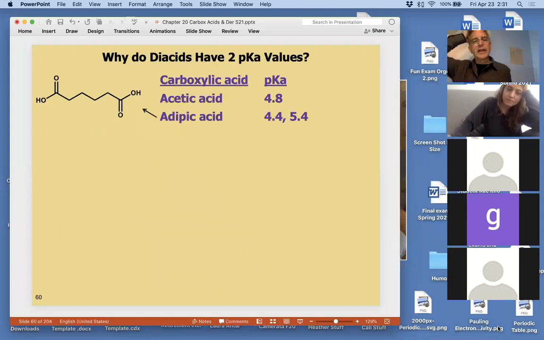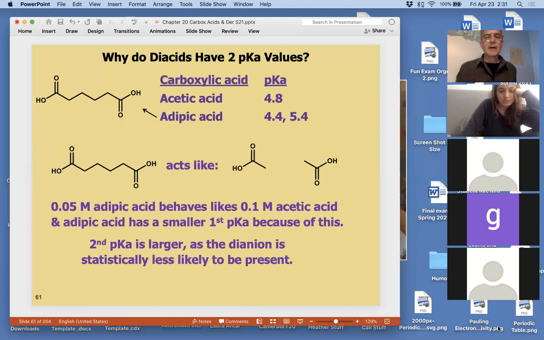Okay, so again, I've kind of spoken through this, but here it is on a slide. Half molar adipic acid behaves like 1 molar acetic acid. That's really the difference. So it artificially, in my mind, has a lower pKa, simply because the acid concentration is just higher.